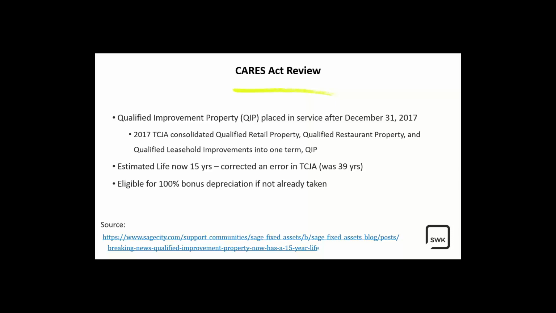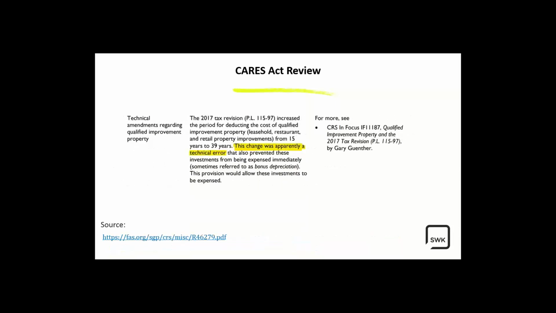When they made that change in the Tax Cuts and Jobs Act, as the CARES Act says, there was an error made, and it meant that all of these assets had to be, in your tax book, according to the IRS, recorded with an estimated life of 39 years. So I'm going to sneak forward and show you this on the next slide.